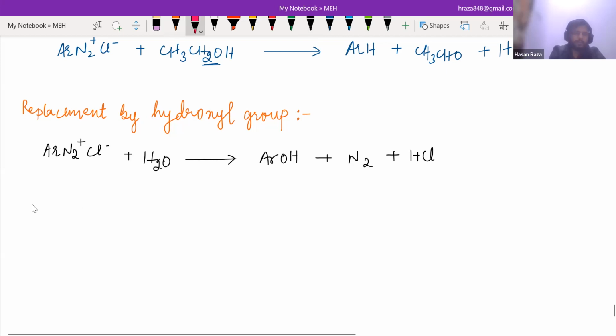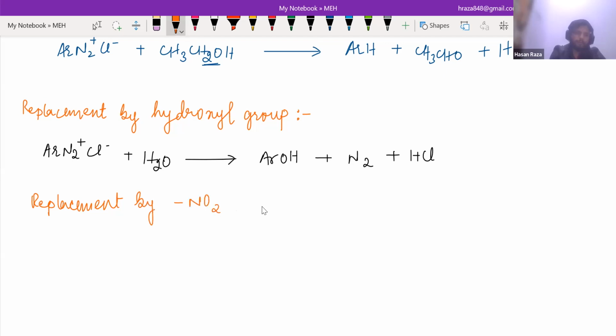And the last one is your replacement by NO2. It's also very easy. You have this benzene diazonium chloride. Either you can directly write ArN2+Cl-, that's also good. First, you are going to react this with fluoroboric acid.